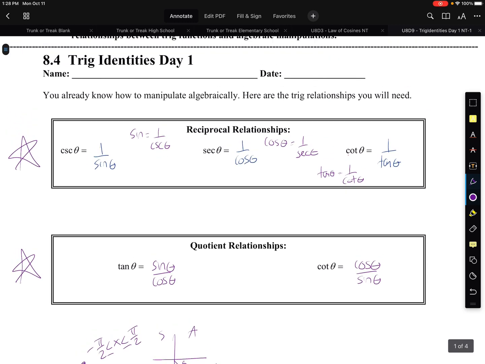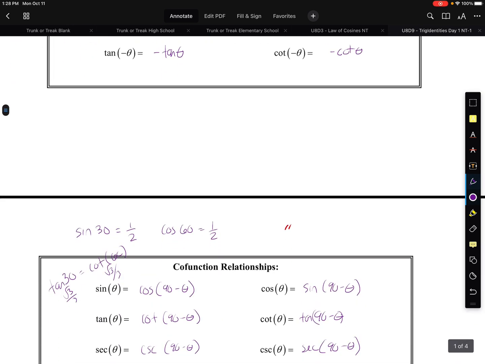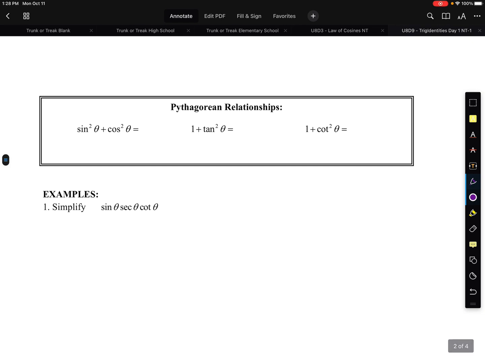So going back, those 2 sections are definitely more important than these other 2 sections right now. And this is the major one that makes all the sense with what we're doing.